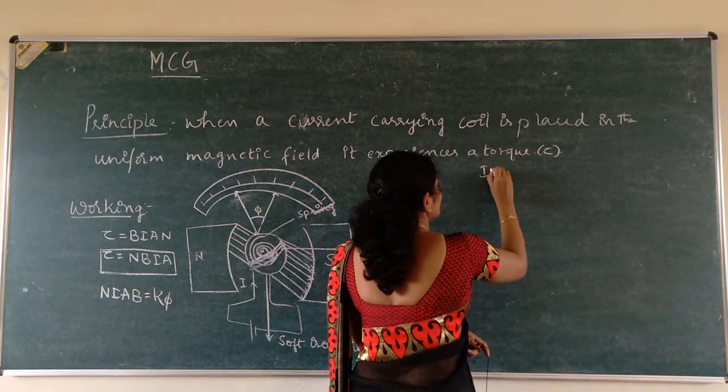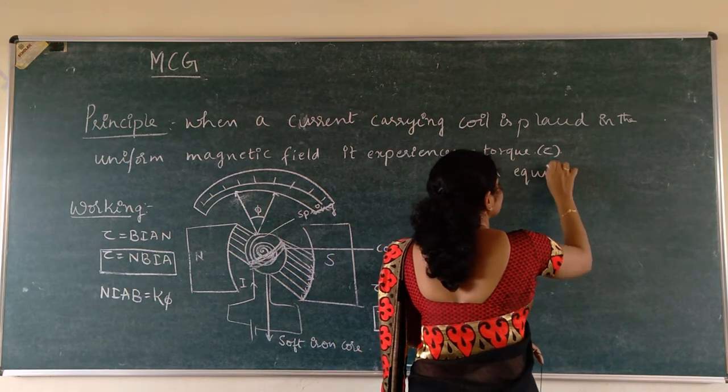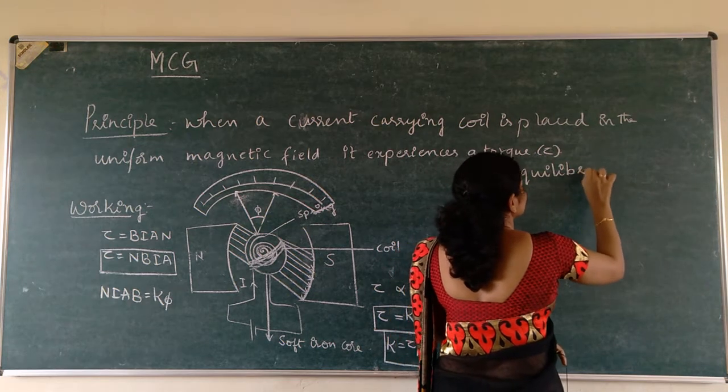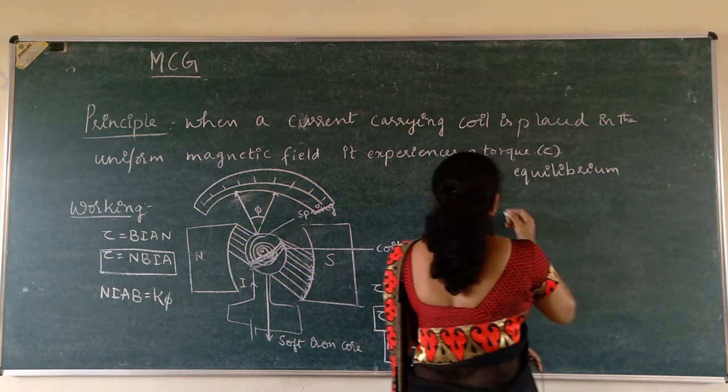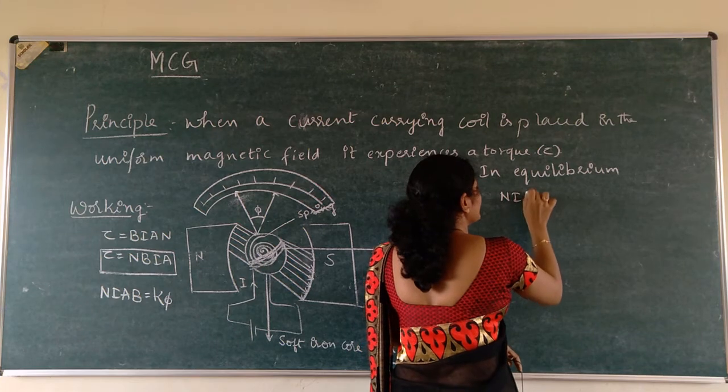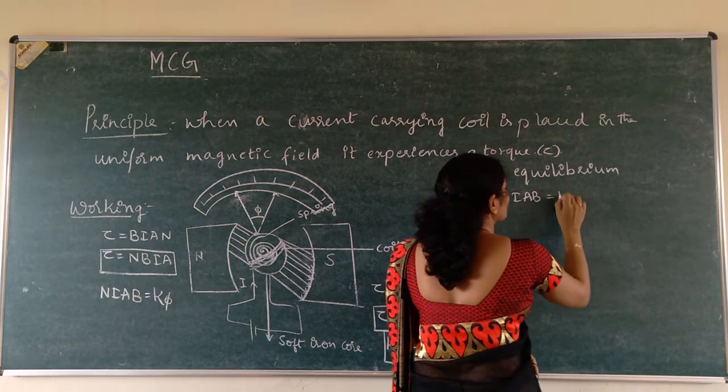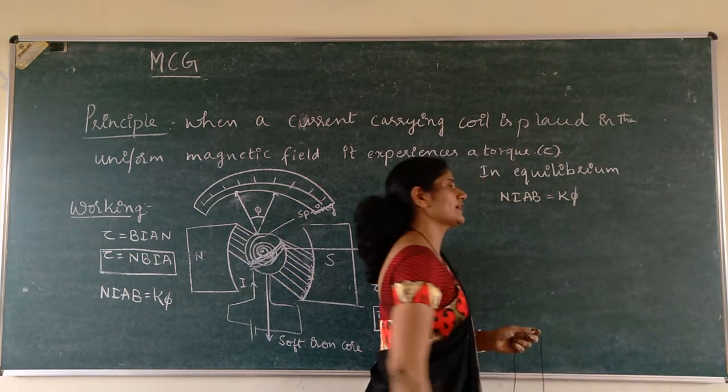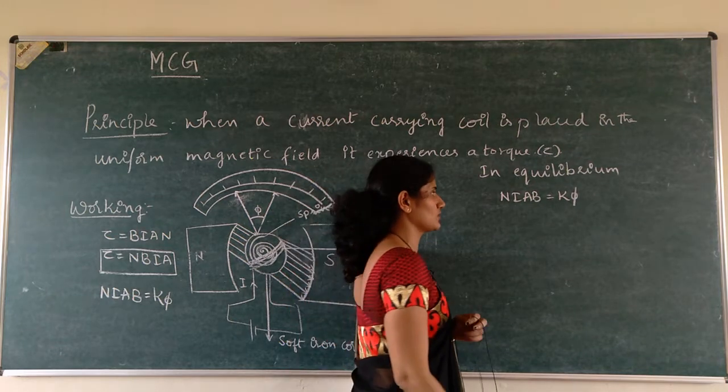So, in equilibrium, NIAB is equal to K phi, where phi is the angular deflection and K is a constant.